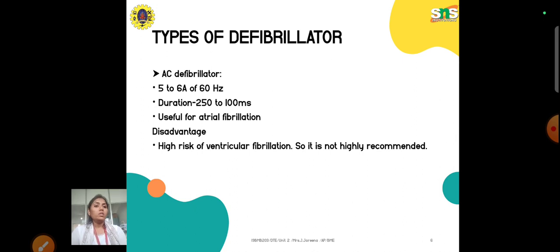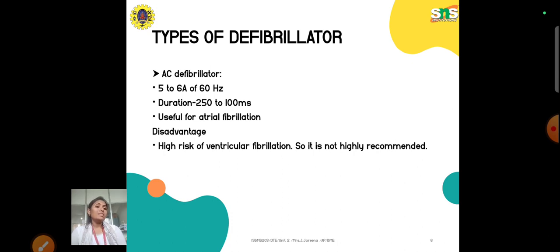What could be the disadvantage of using this particular defibrillator? There is a high chance of getting ventricular fibrillation. Even though you are using the AC defibrillator to correct the problem of atrial fibrillation, it may end up with the patient getting ventricular fibrillation.